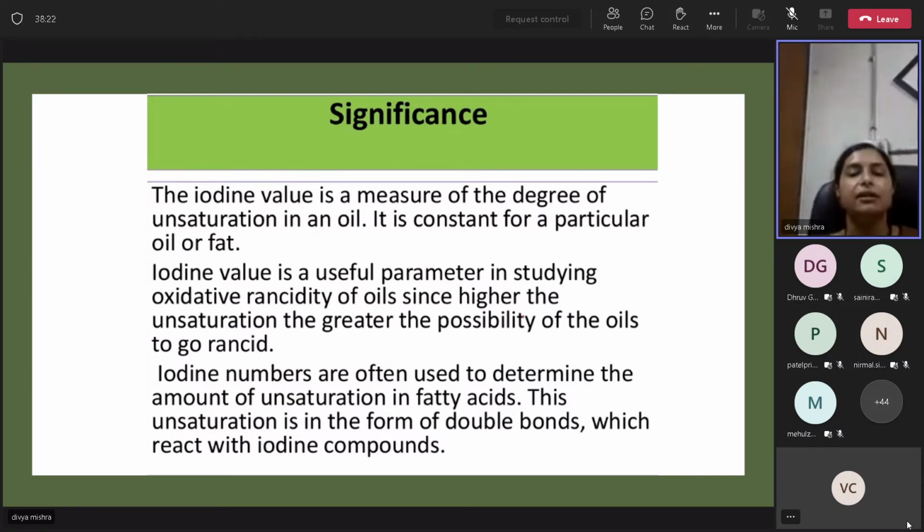Now, the higher the unsaturation, the greater the possibility of the oil getting rancid. Iodine number is also used to ensure whether a double bond is present or not.